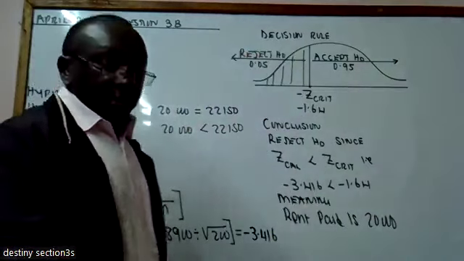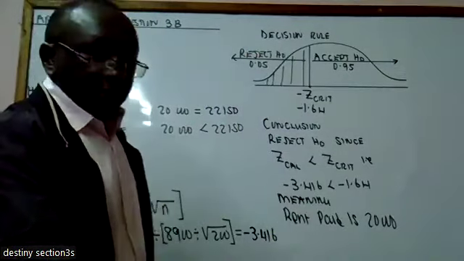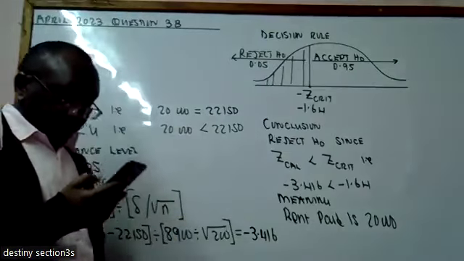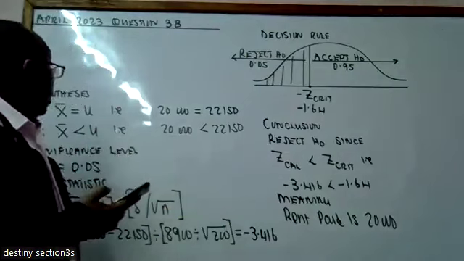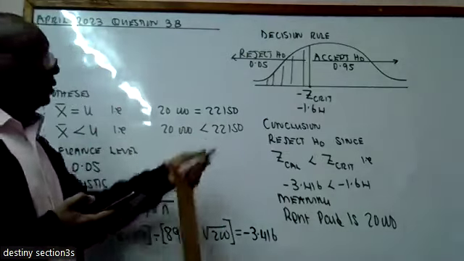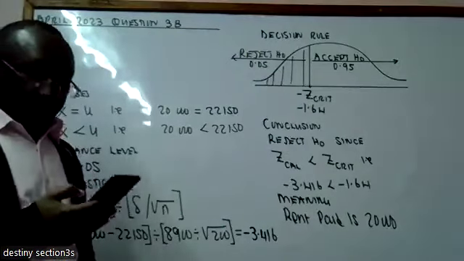That is what we had been asked to determine. So it's not 22,150. 22,150 is not the average.